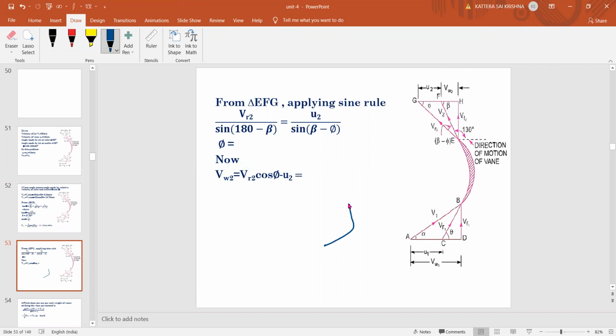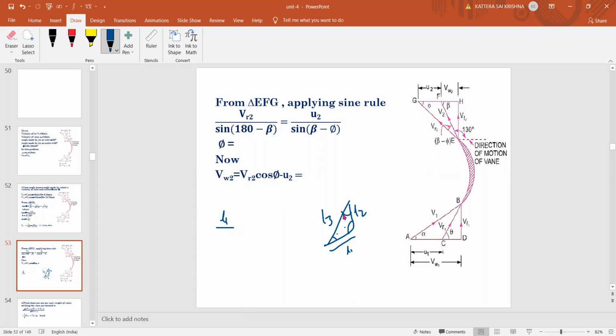Assume that we have a triangle like this with 3 different angles. This is not 90, assume it is some angle. Assume this is X, this is Y, this is Z, and we have lengths L1, L2, and L3. These are the 3 lengths of the triangle. These are the 3 angles which are inside. So the sine rule states that this line, whatever length you are taking, suppose this is L1, divided by the opposite angle.